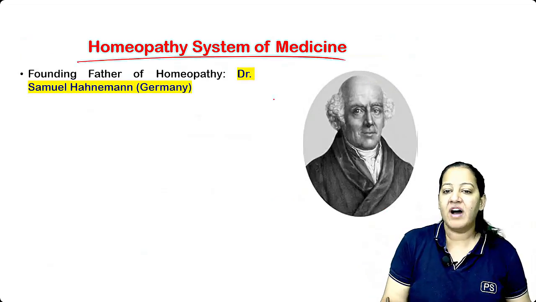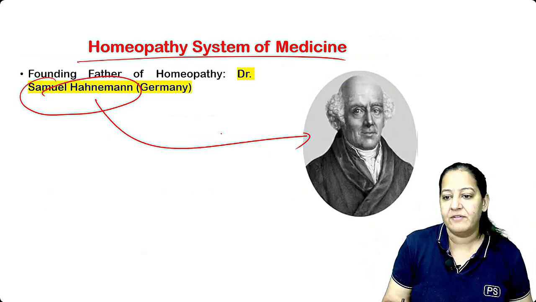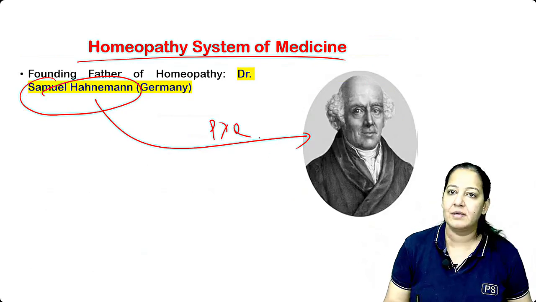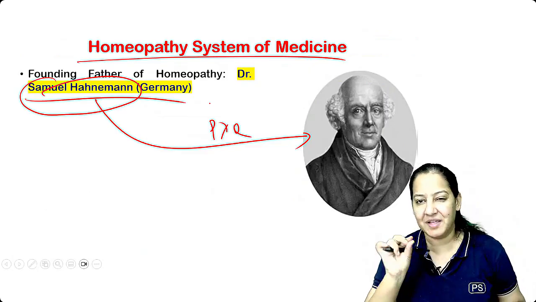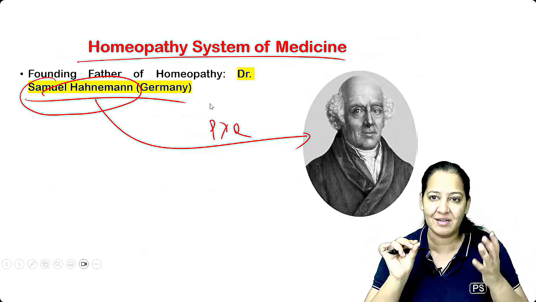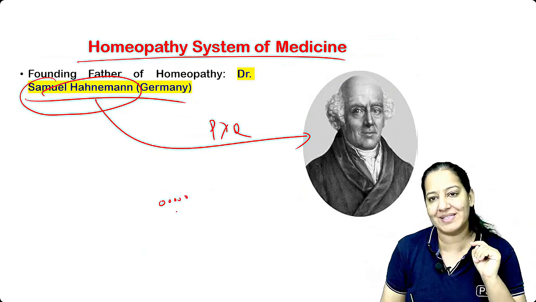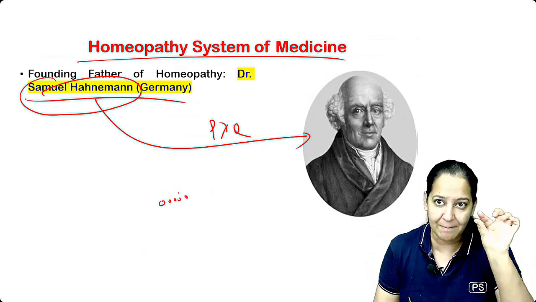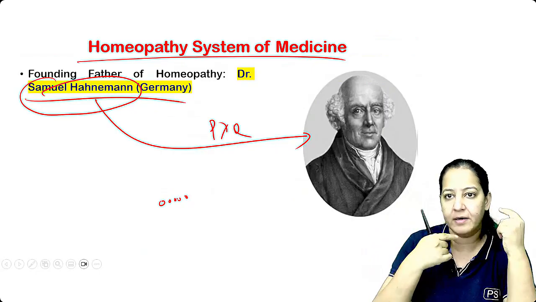Homeopathy. Who is the father of homeopathy? Dr. Samuel Hahnemann from Germany. It's a PYQ, please learn. Have you seen homeopathic medicine? These are small white circular balls, multiple small balls. These are small sugar tablets. Just take it, not with water; you can just keep it in the mouth.